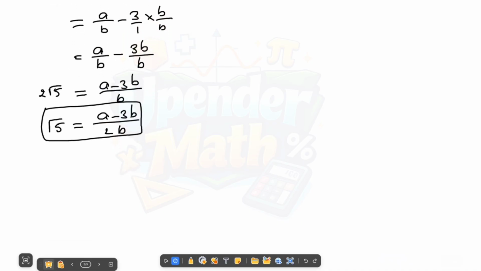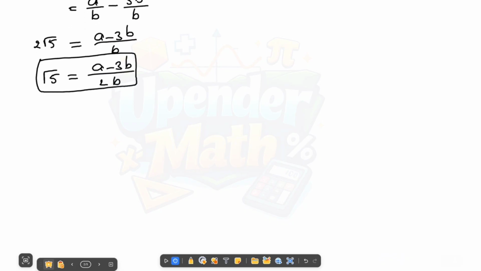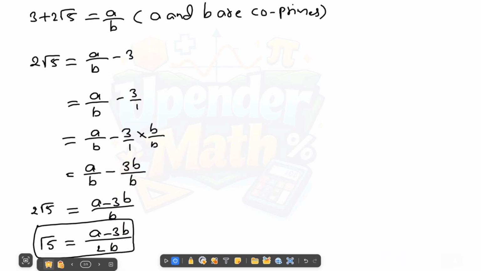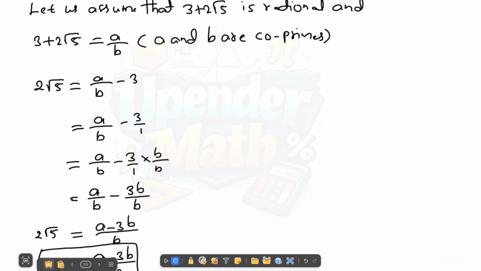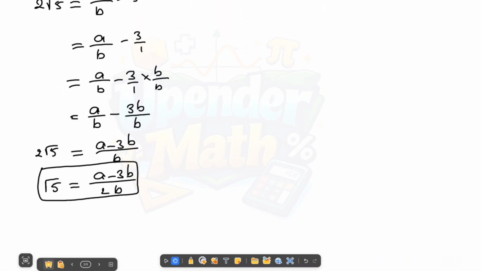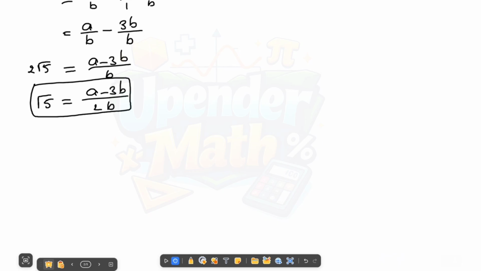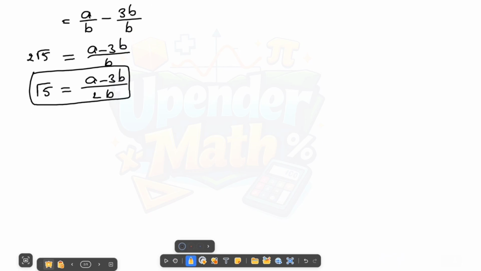We have assumed that 3 plus 2 root 5 is a rational number, but we got an irrational number equal to a rational number. So here root 5 is irrational and (a minus 3b) by 2b is a rational number.